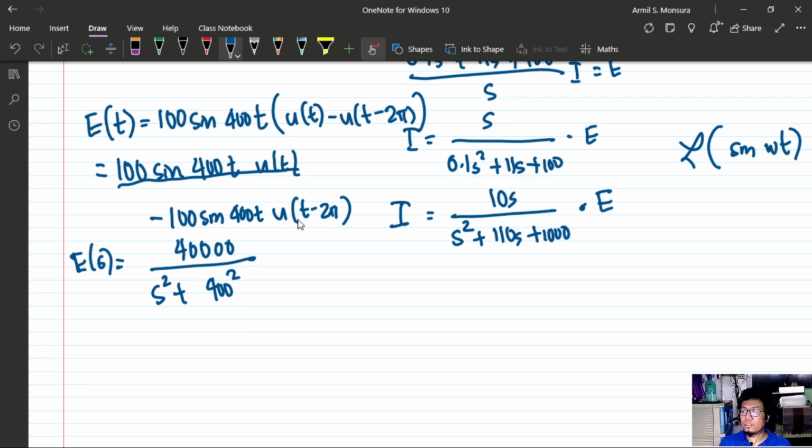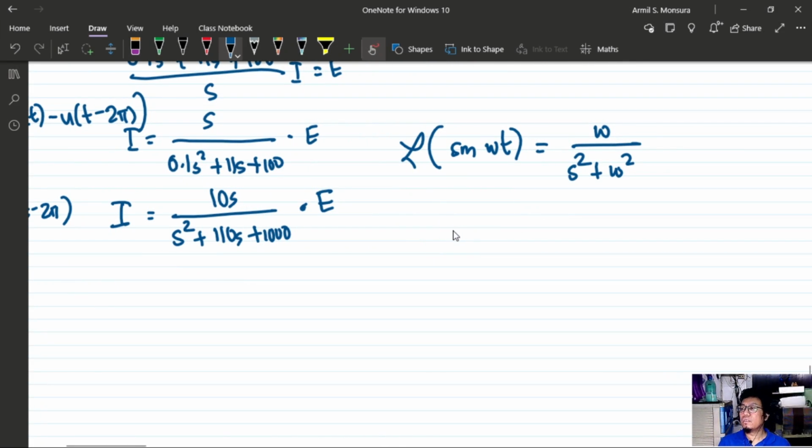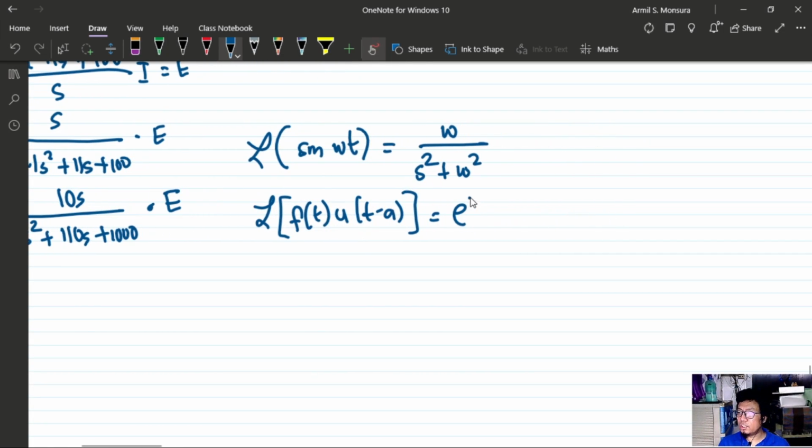While here, since this is being multiplied by a delayed step function, we will use the second form of the statement for the Laplace transform, which is the Laplace transform of f of t times u of t minus a equals e raised to negative as multiplied to the Laplace transform of f of t plus a.